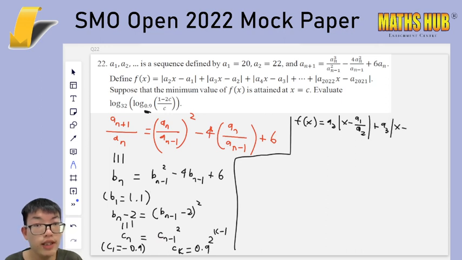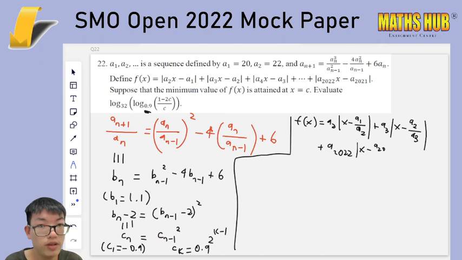Now notice that this is telling you the minimum value is going to be determined by all of the sums of these absolute values of x minus the ratio, which is conveniently enough what we want. So we found out a lot about the ratio.